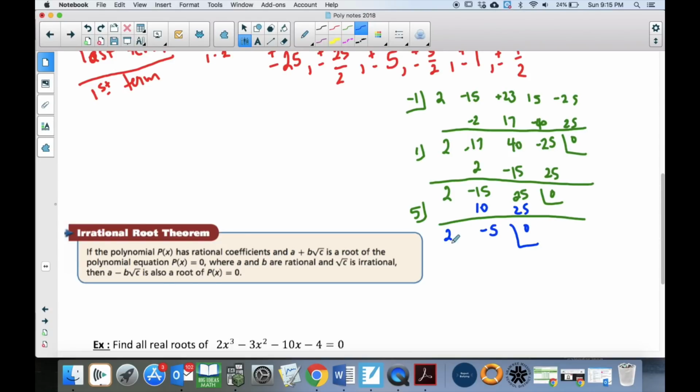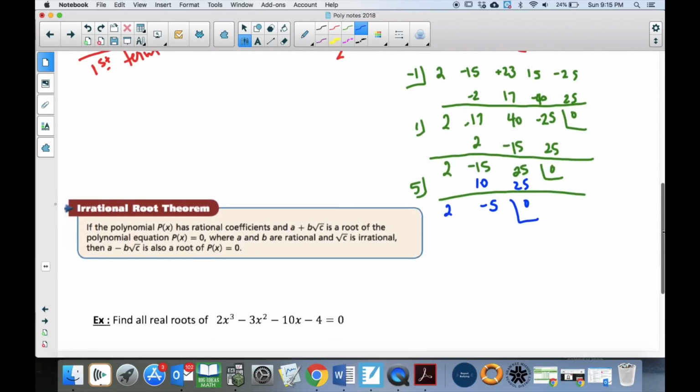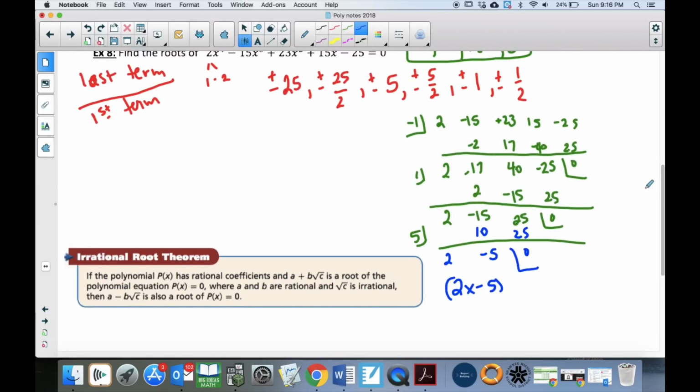And this thing that is left over, I could try it with the 2.5, but I actually know, remember we talked about, what power is all of these? And if this is the remainder, this is the linear, or excuse me, this is the constant term, this is the linear term. So this is actually 2x minus 5. And so that, if I solve that, wouldn't it give me 2.5?